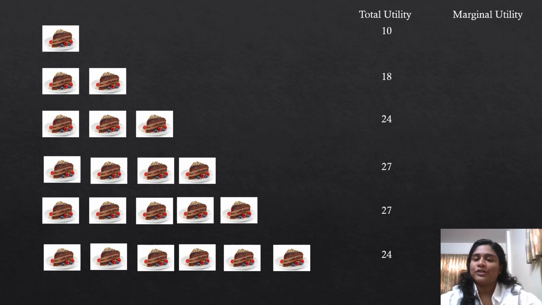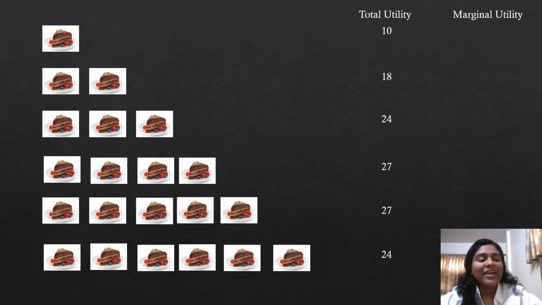Now, this was total utility, that is, the utility that you get from having all the products. Over here, we are interested in something known as marginal utility. Marginal utility is nothing but the utility derived from the last piece of cake.